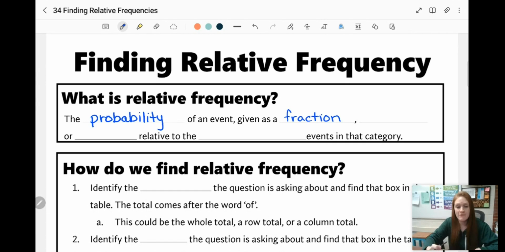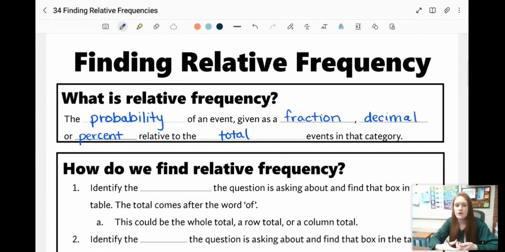We could put that fraction into our calculator and we would get a decimal. We could then multiply that decimal by 100 to get a percent. And this is relative to the total events in that category. Okay, so we're going to take the probability of this event relative to the total.